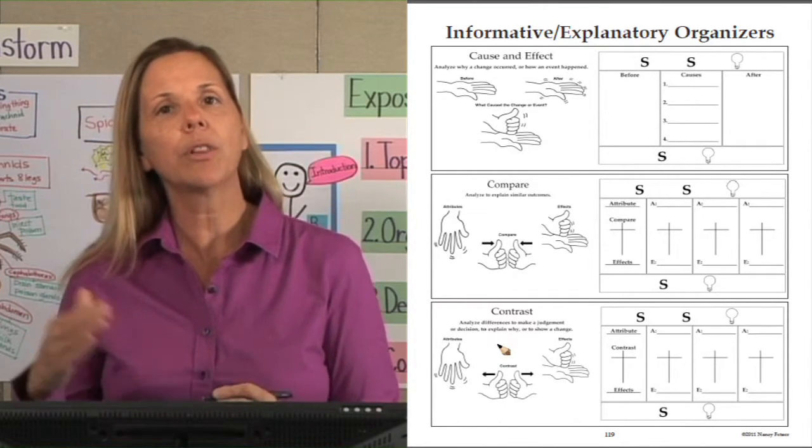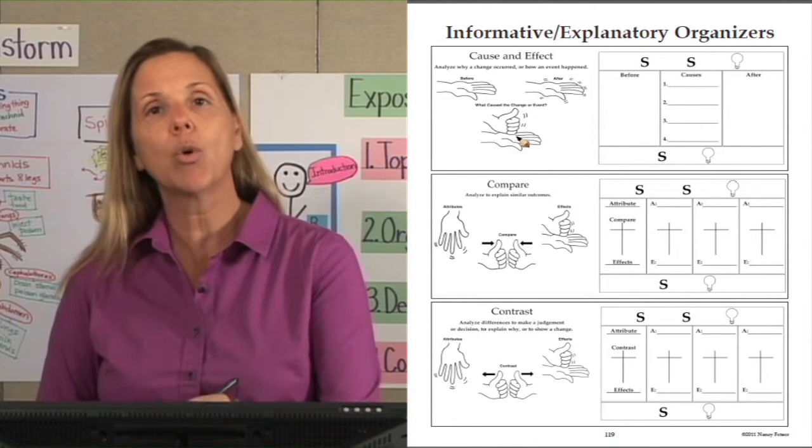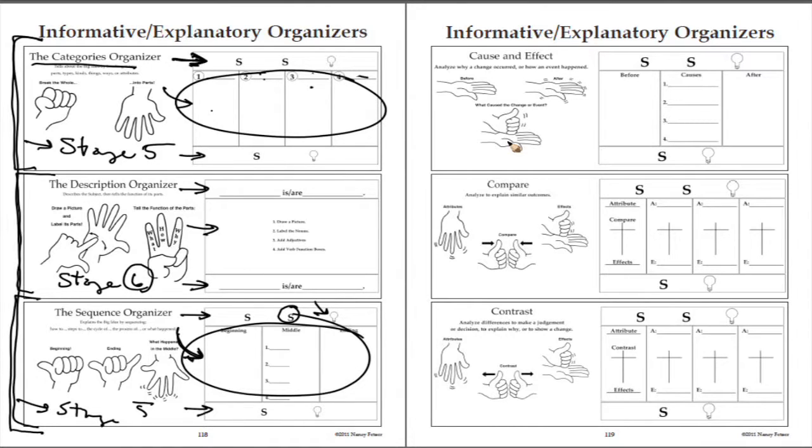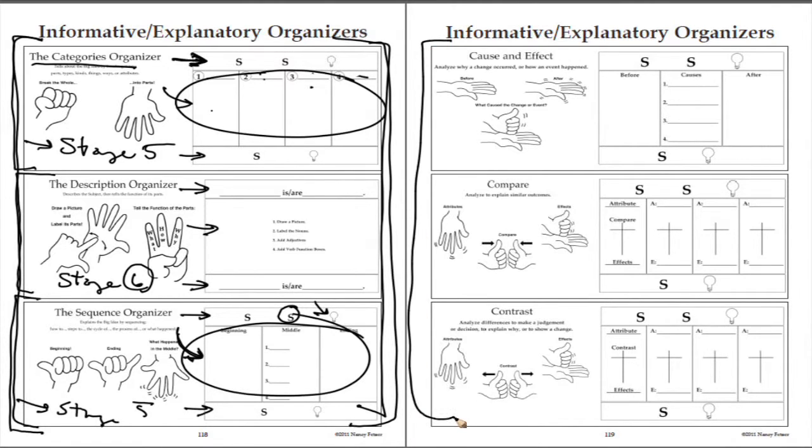Later, when they hit 4th through 6th grade, these will become organizers that they have to master as well. Why am I telling you this? Because the first 3 organizers, let's jump back to page 118, need to be learned first. Once these are mastered, let's jump back over to page 119, then you're ready to start mastering cause and effect, compare, and contrast. The categories, description, and sequencing are your most common ways to organize information.